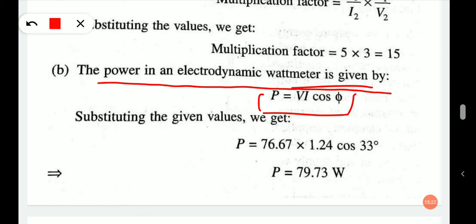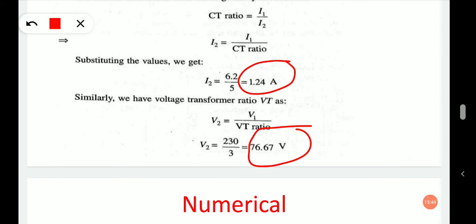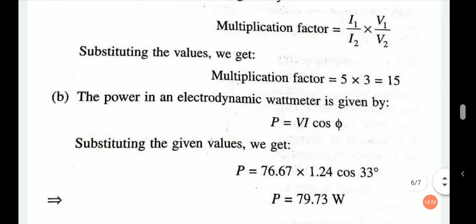So to calculate this one, we should have these values, that is value of V2, I2 and cos phi. Okay, we have calculated V2 and I2. If you see here, I2 is 1.24 ampere and V2 is 76.67 volt. Okay, I2 and V2, and we know the phase angle.